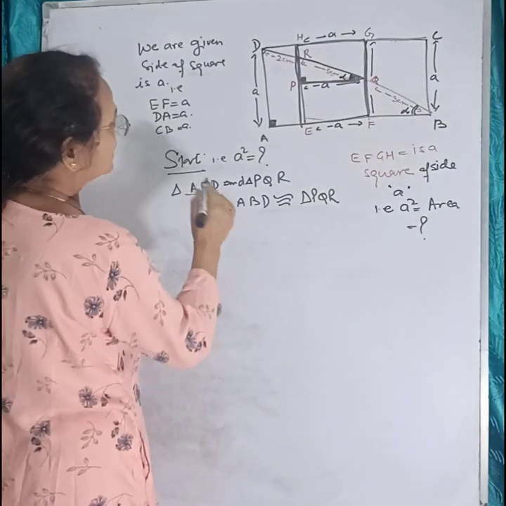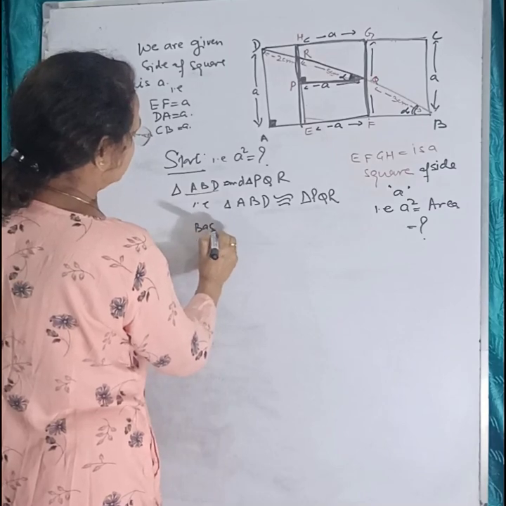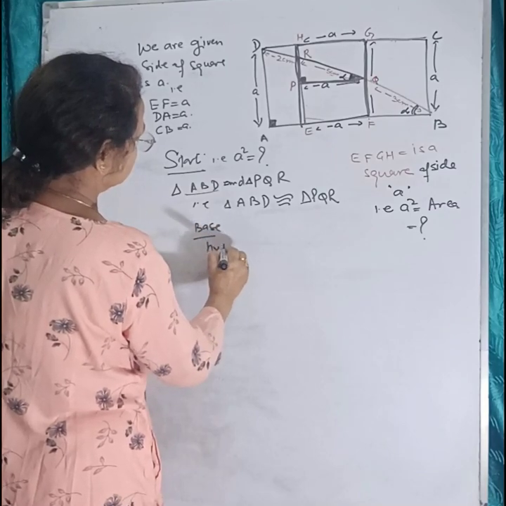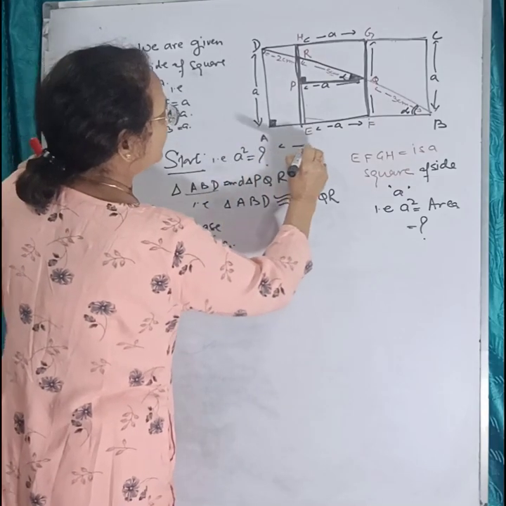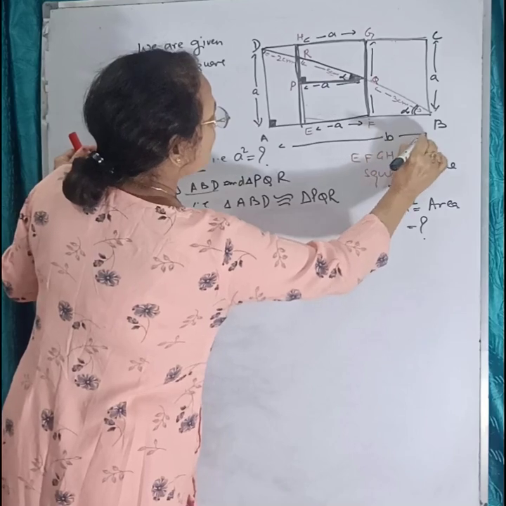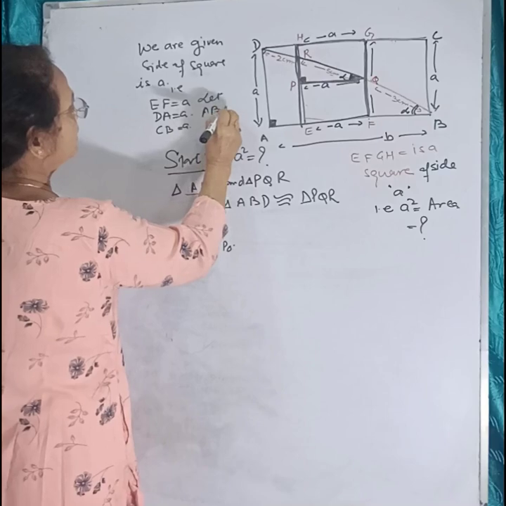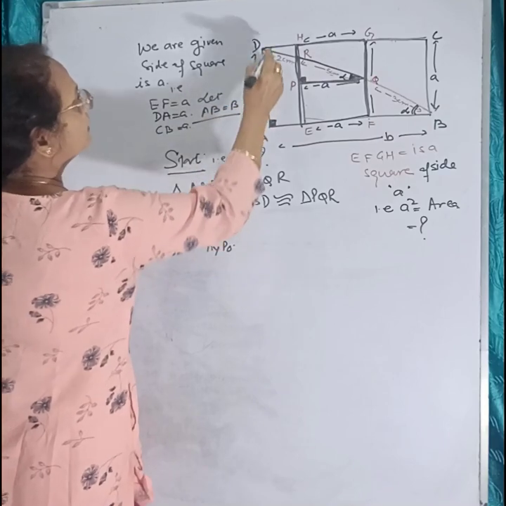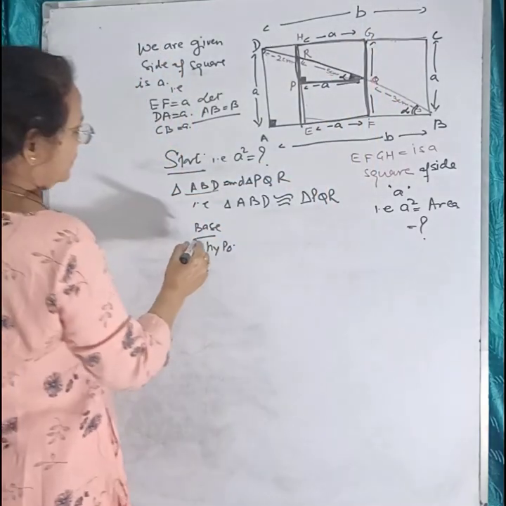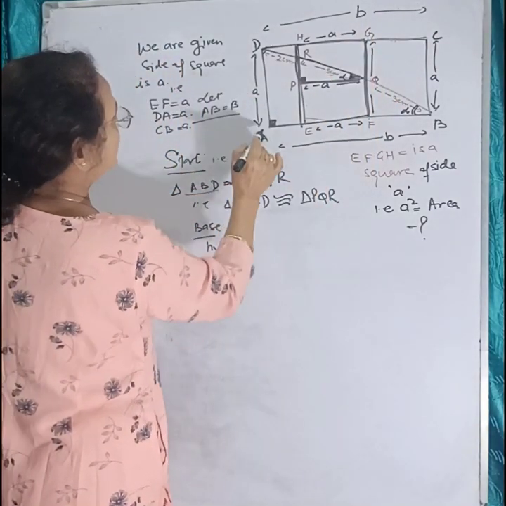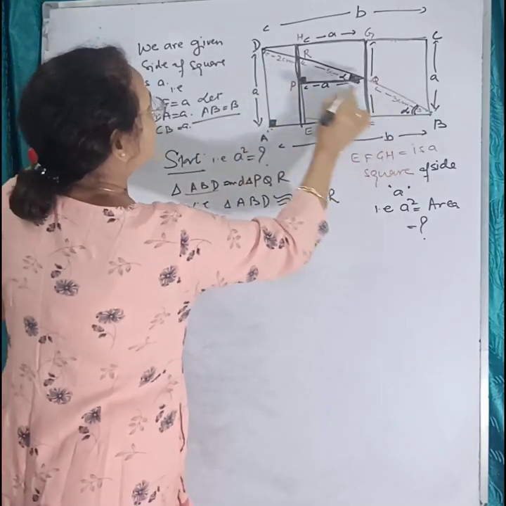अब कंपेयर करते हैं. बेस अपॉन हाइपोटेनस. Suppose this whole AB is equal to the total length of the rectangle. Let AB is equal to B. यहाँ से this is B. So in triangle ABD, base upon hypo.